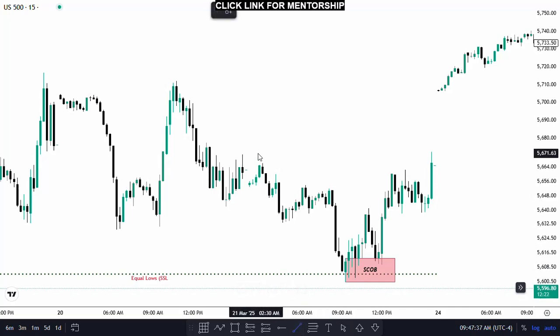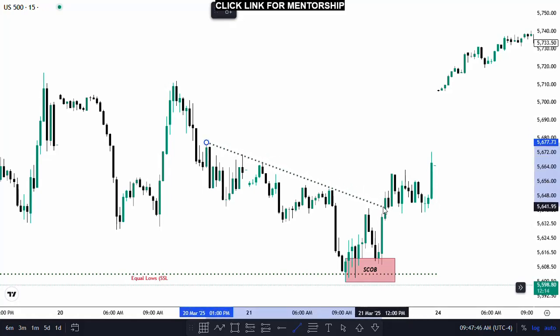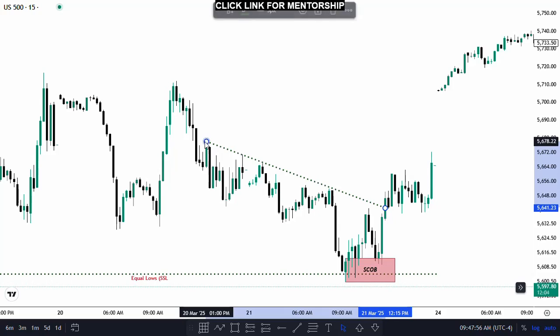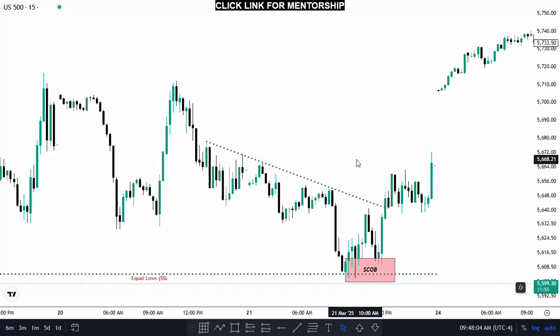So I already gave you trend line liquidity, and this right here is your trend line liquidity. So you don't have to be confused or trying to force the targets. When you see price trying to push to the upside, at least you need to understand why it's doing that.